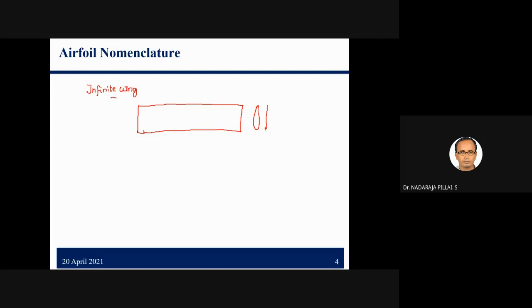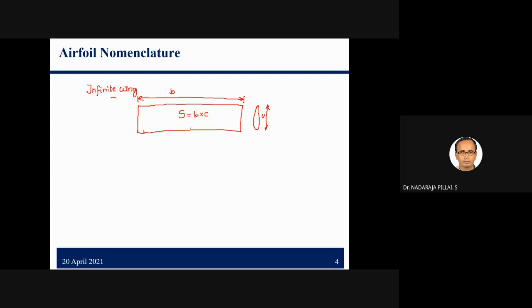This is the chord line, C, and this is the span area, S, and this is the span length, B. So span area is equal to B into C.